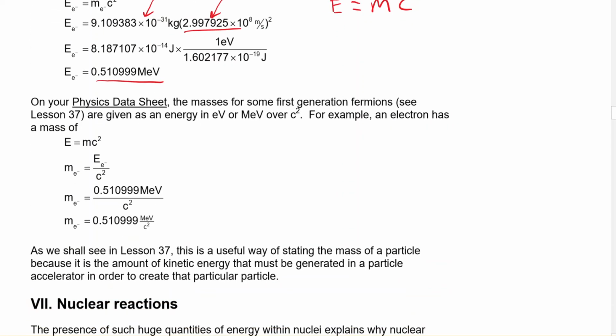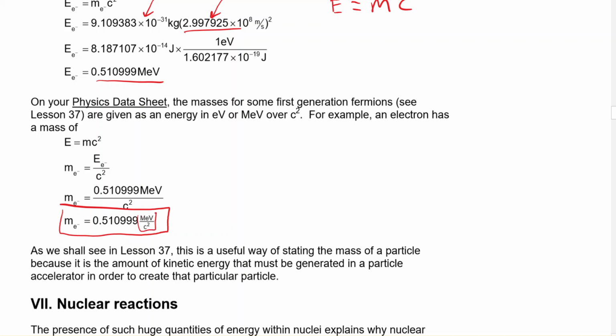And then on your physics data sheet, I just want you guys to know this too, coming up in lesson 37, we're going to start talking about the mass of an electron in a slightly different way. You'll see that it's written like this, where the mass of an electron is actually 0.510999 mega electron volts divided by c squared. And it's a mass, right?